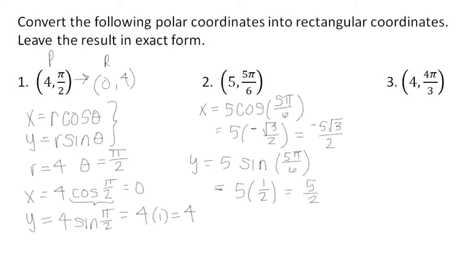So my new coordinates, if we're going to rectangular, it's going to be my x value, which was negative 5 root 3 over 2, and 5/2.